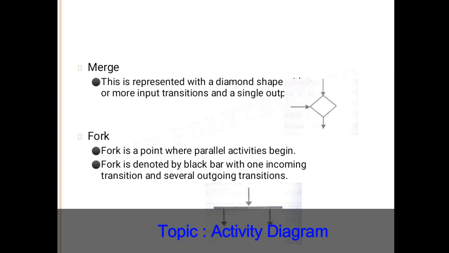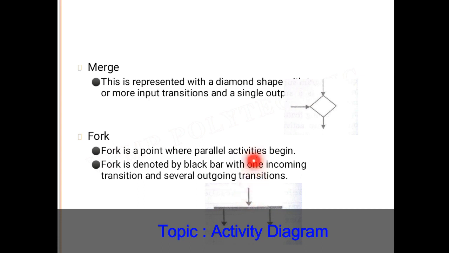So here fork is the point where parallel activities begin, and fork is denoted by a black bar. This thick line filled with black color is known as a black bar, with one incoming transition and several outgoing transitions, two or more.